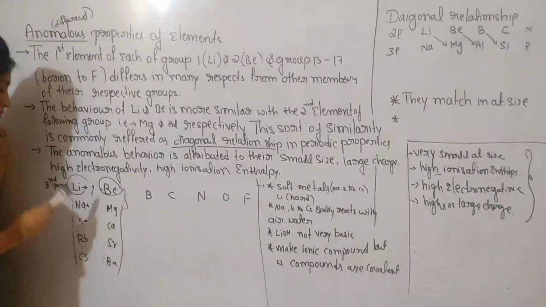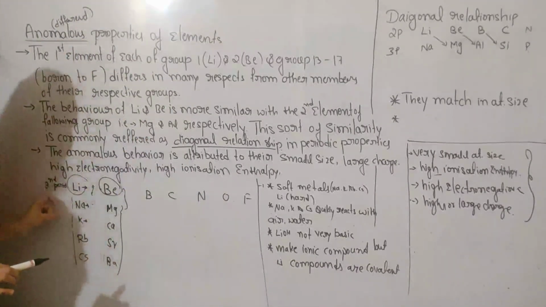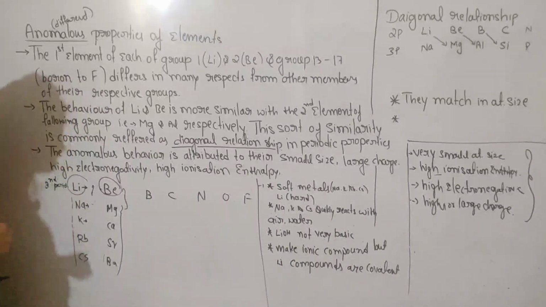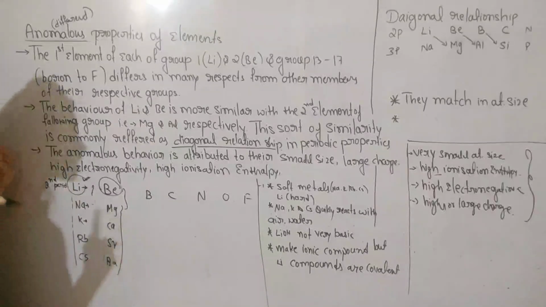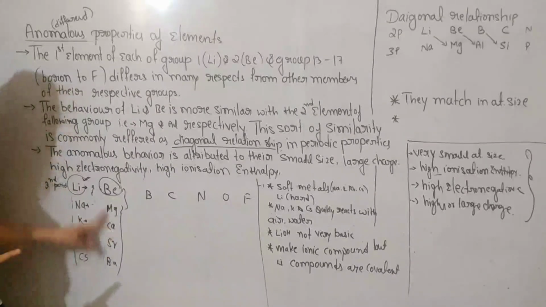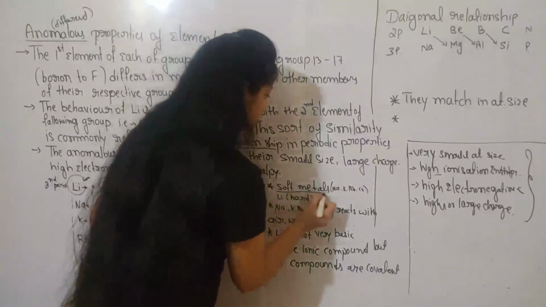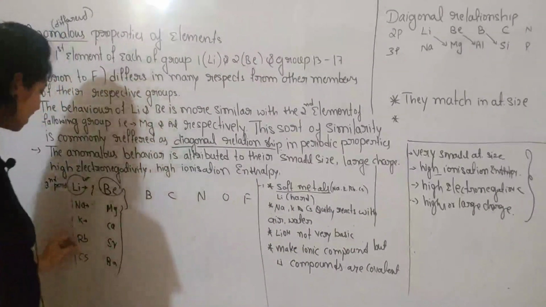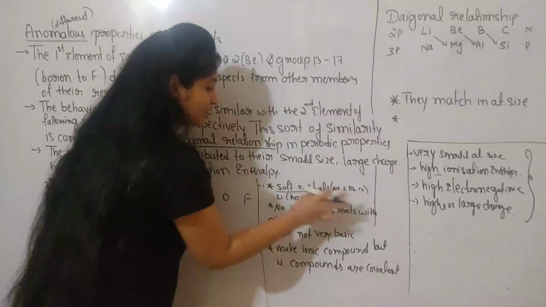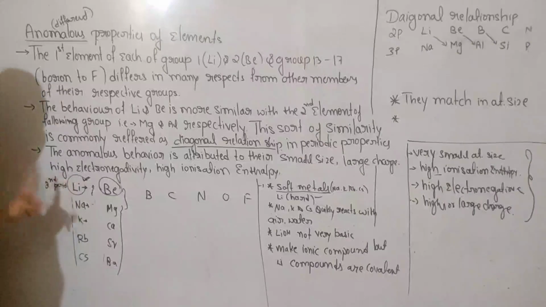With the help of a knife we can cut the metals sodium, potassium, rubidium and cesium. But lithium is a little bit harder than these elements.